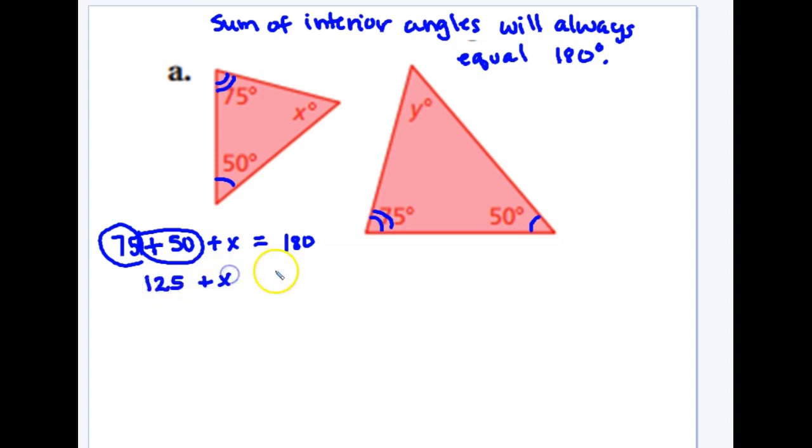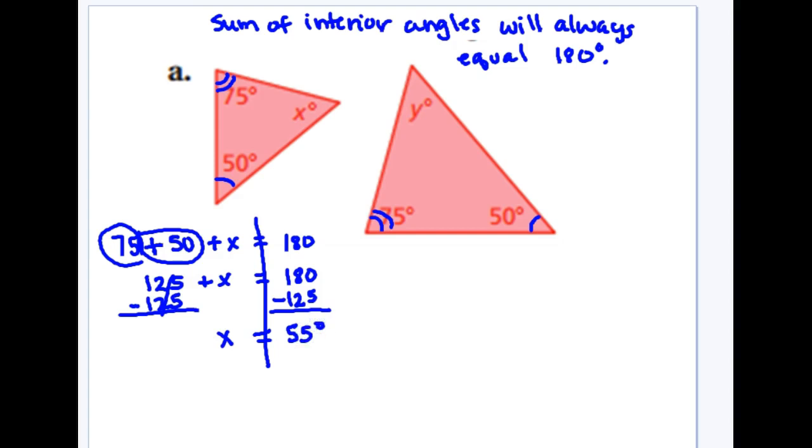And now I have plus X is equal to, and I'm going to bring down my little bar there. So now I want X all by itself. So this is a positive 125. So to move this and eliminate it on this side, I have to add the opposite. So the opposite of a positive 125 is a negative 125. This becomes 0. 0 is a non-number. I don't need to write it. So x is going to be equal to the difference between 180 and 125, and that's 55 degrees.